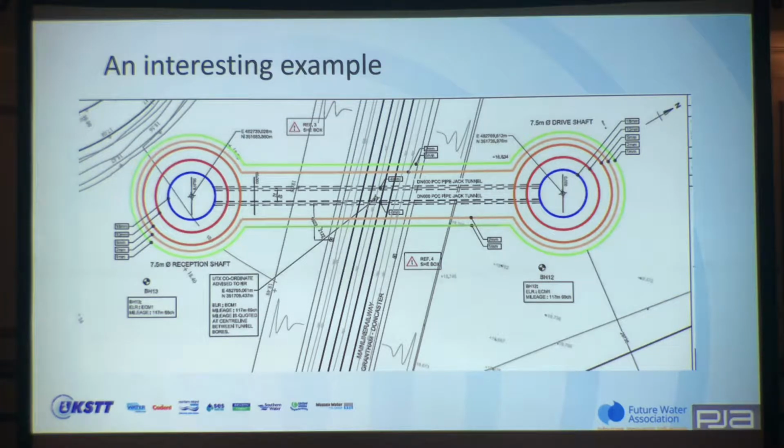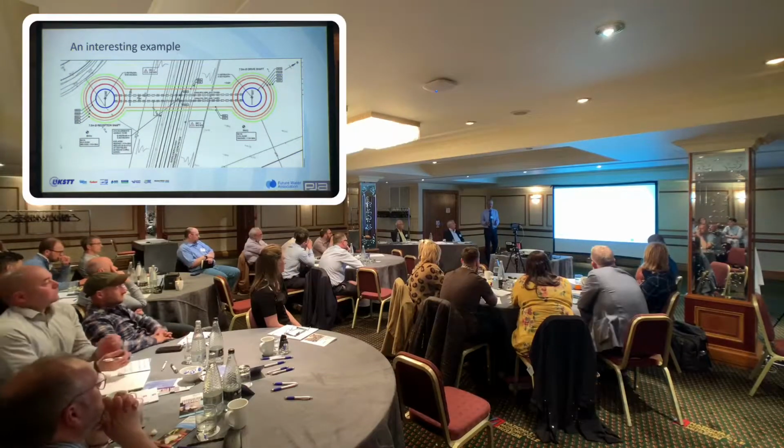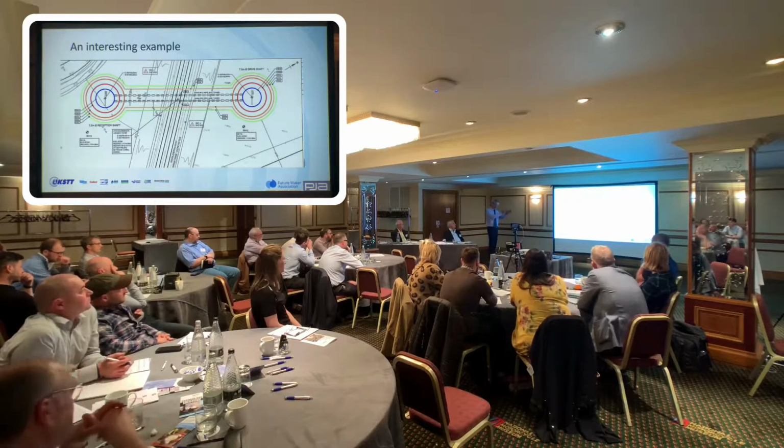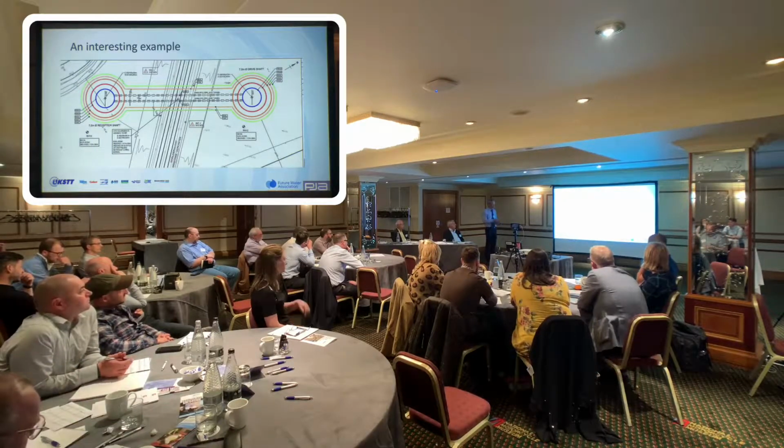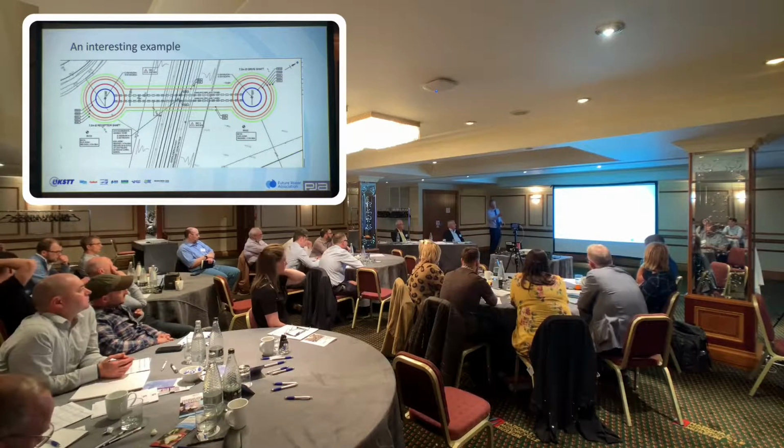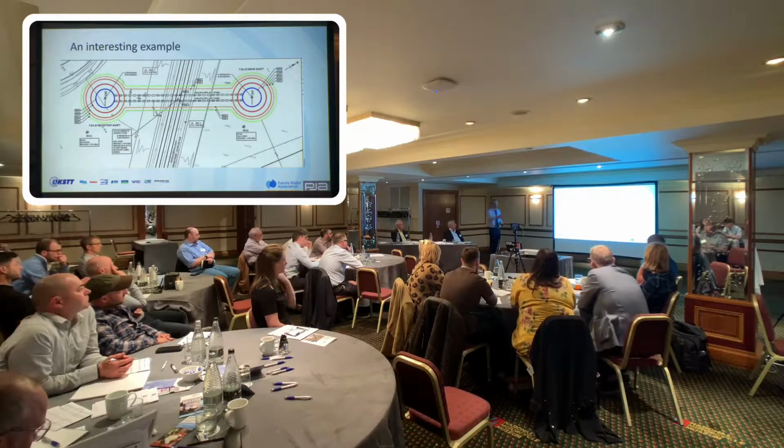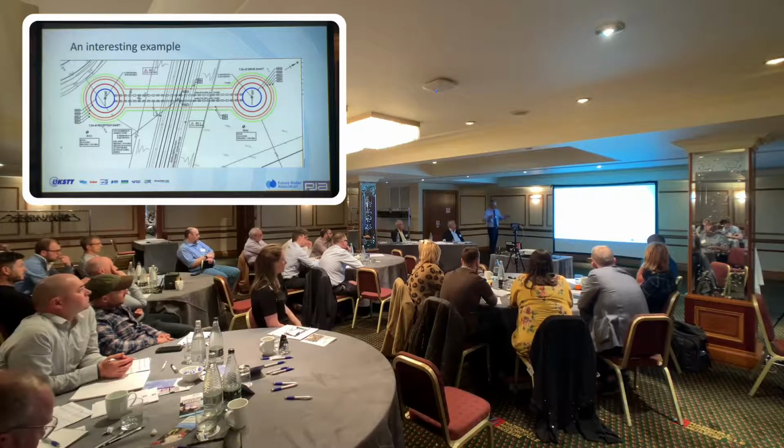And it's also influenced by the fact that once you've installed the first tunnel, there's an effect whereby that first tunnel causes a little bit of relaxation in the ground. So if you try and put a tunnel very close to that first tunnel, you often have steering problems whereby the machine wants to drift into the less consolidated ground around the first tunnel. So you need a number of diameters between each crossing.